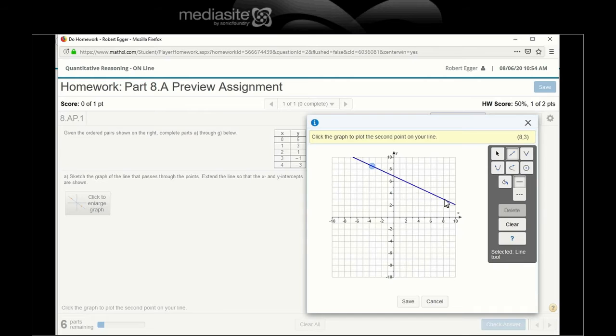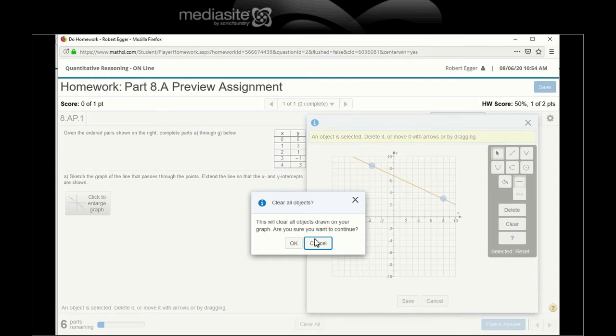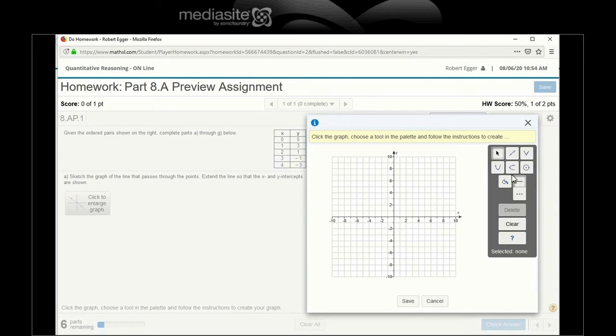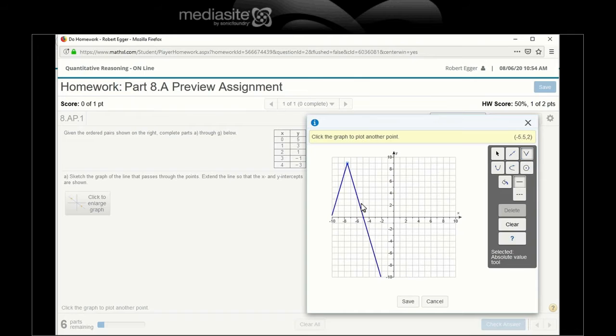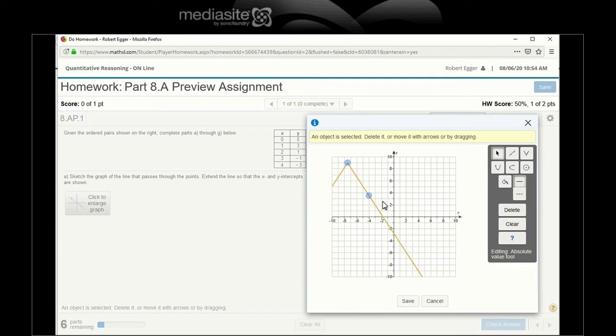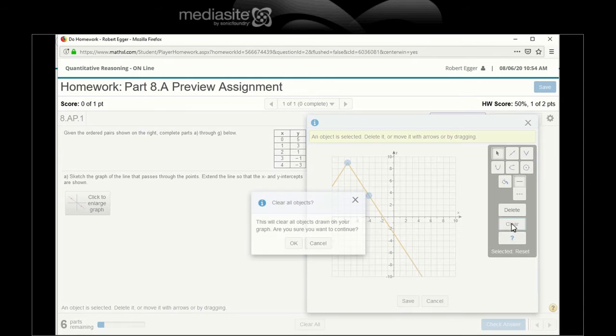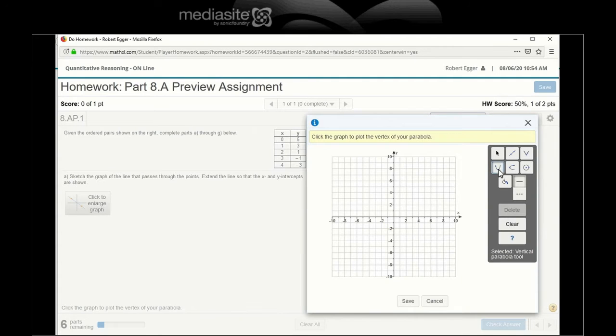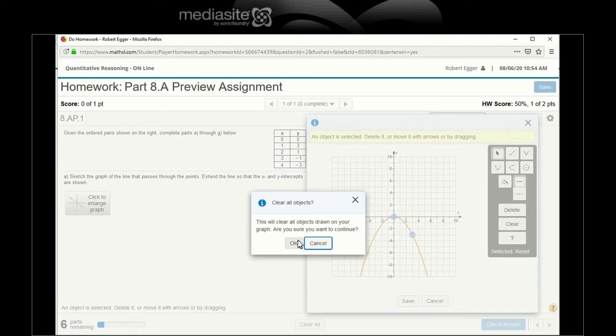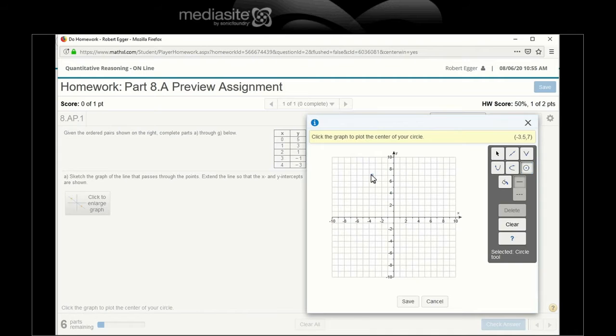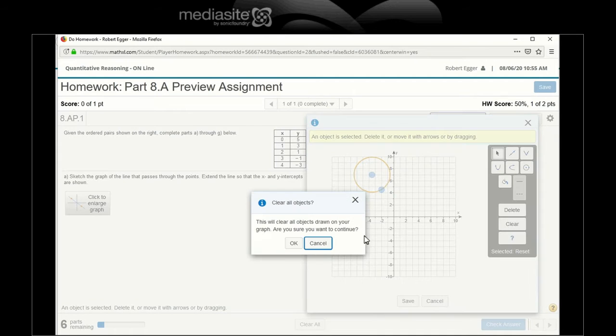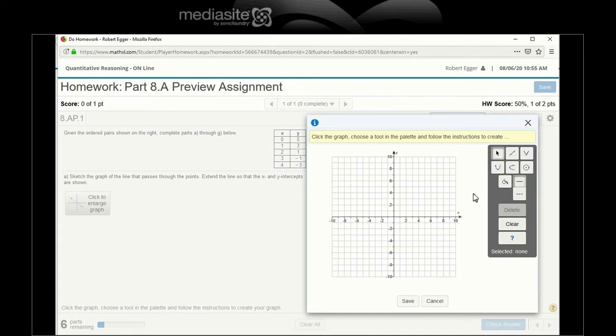We can do straight lines, absolute values, quadratics, and circles. So we first have to determine what kind of line we want to do.